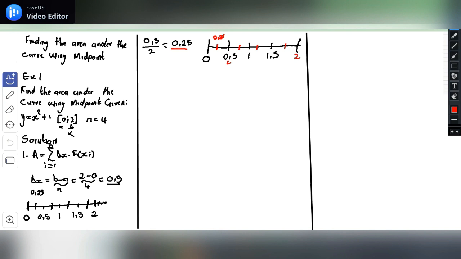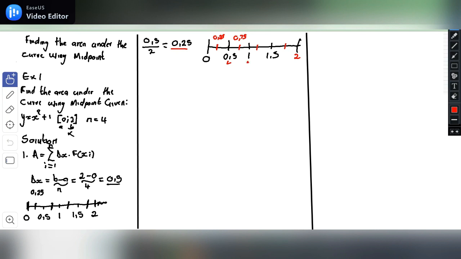Then you say 0.5 plus 0.25, so we'll be adding by 0.25. We are no longer adding by 0.5, so we add by 0.25, which is going to give us 0.75, right? Therefore 0.75 plus 0.25 is going to give us 1.